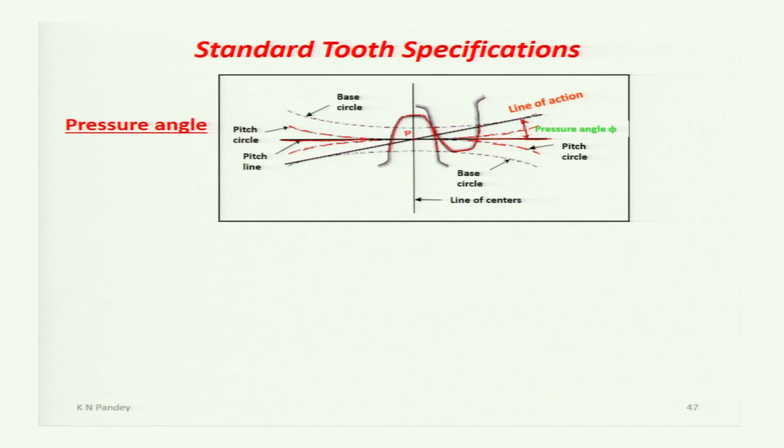So the line drawn at angle phi with the pitch line is called the line of action. This is the line along which one of the gear teeth will apply force on another gear tooth. So this is the line of action or the pressure line, the line along which force will be applied by one gear tooth to another.